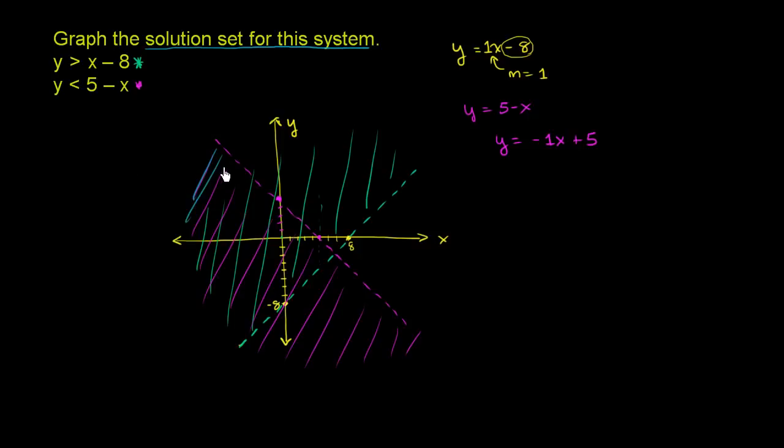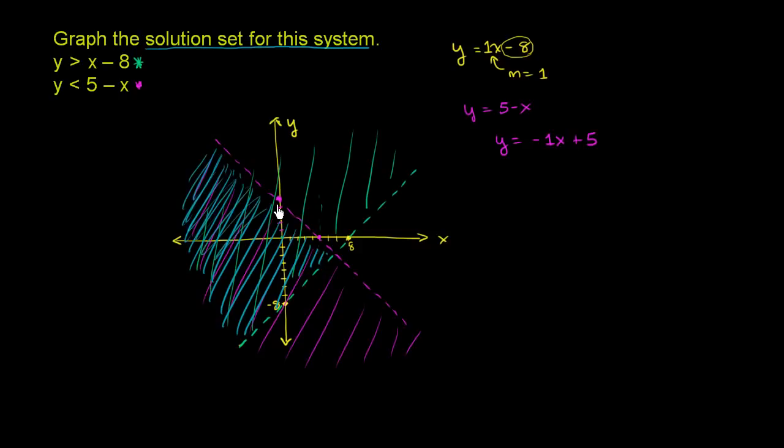So it's all of this region in blue, where the two overlap, below the magenta dotted line on the left-hand side, and above the green dotted line. That's only where they overlap. So it's only this region over here, and you're not including the boundary lines.